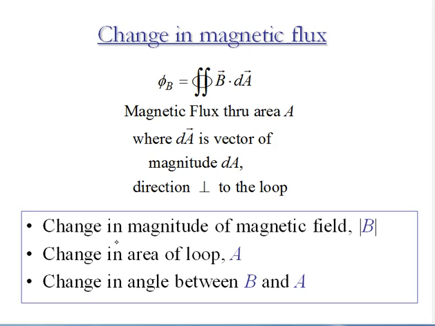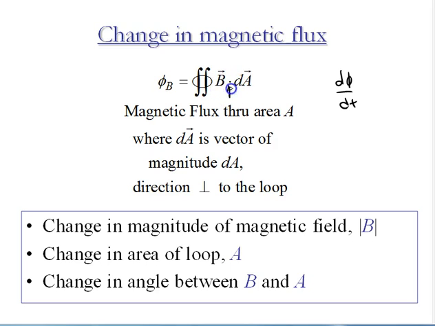So for our magnetic flux through the area A, what we want to look at is the change in that. dA is a vector, the magnitude dA, the direction perpendicular to the loop. If we want a change in flux, a dΦ/dt, something that changes with time, then we have a change in the magnitude of the magnetic field, a change in the area of the loop, or a change in this angle.